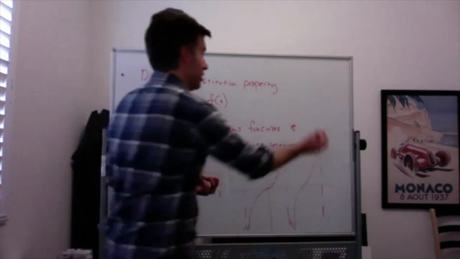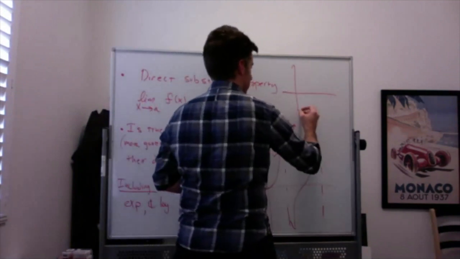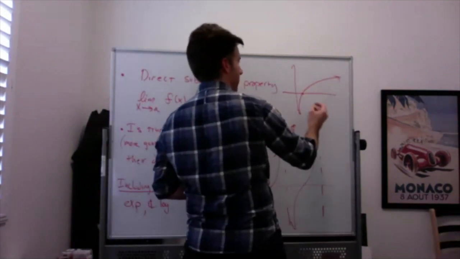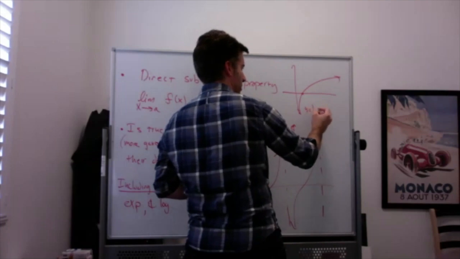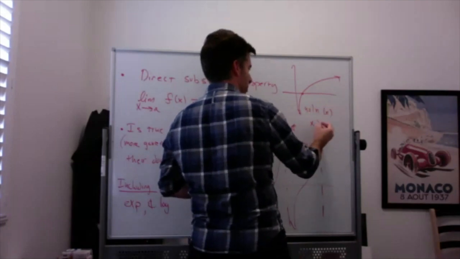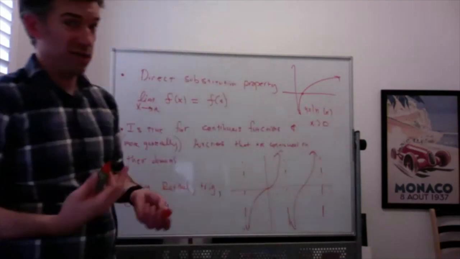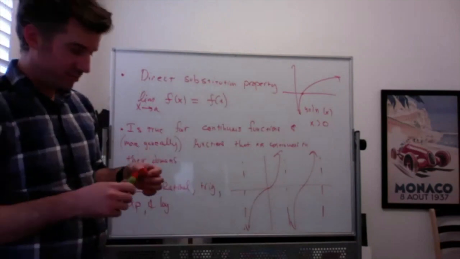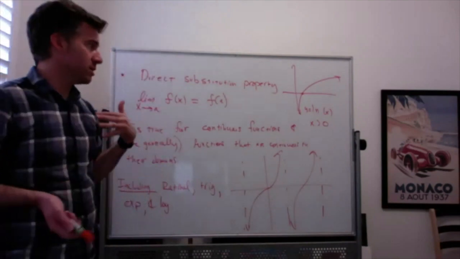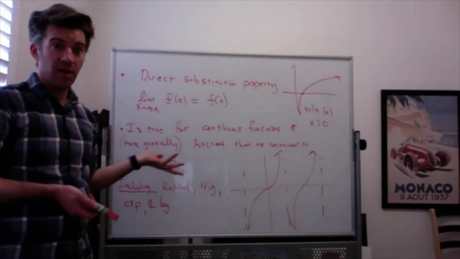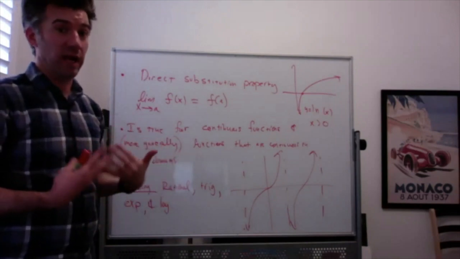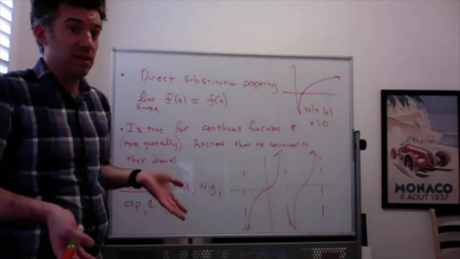Right? Log especially, a log function is only defined for x greater than 0, but is totally continuous on that domain. So any of these functions, if you were asked about a limit of them, you can say, I'm just going to plug in whatever x is approaching, and that will give me the limit back.